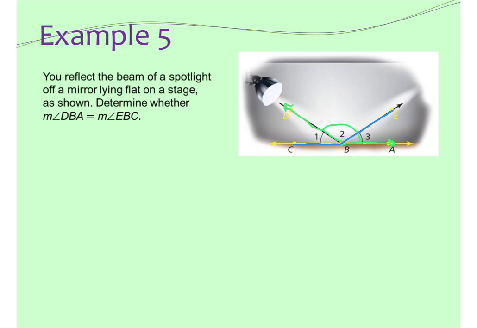So I can tell that DBA, I should not write that in blue. That was our green one. Sorry about that. Let me take that away. So again, that was our green one. That would be DBA is equal to angles DBE plus the measure of angle EBA.